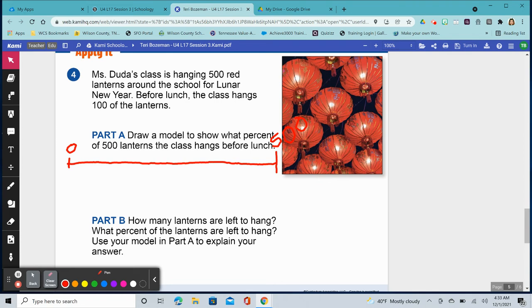So I would go ahead, since we know that they've hung 100, and I would probably label my top by 100s. So we have 100, 200, 300, 400, right?